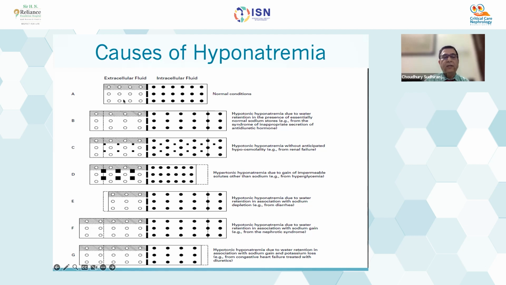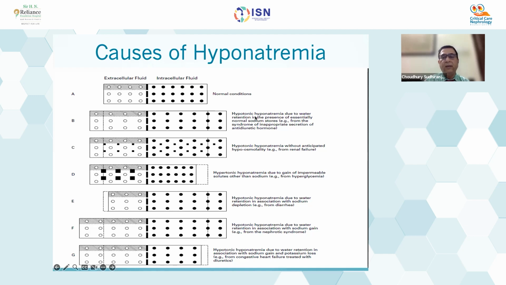Total body water is distributed 2/3 in the intracellular fluid and 1/3 in the extracellular fluid, of which 1/3 is intravascular and 2/3 is interstitial. The white dots you are seeing are the sodium cation, and the black dots are potassium as cation.